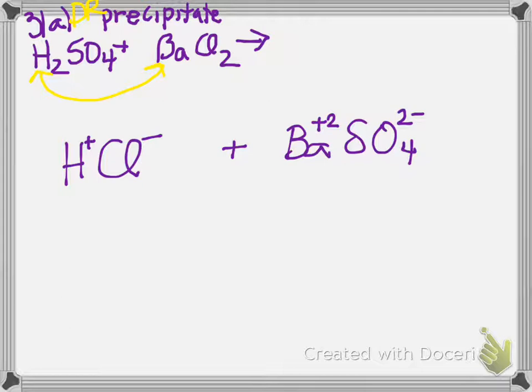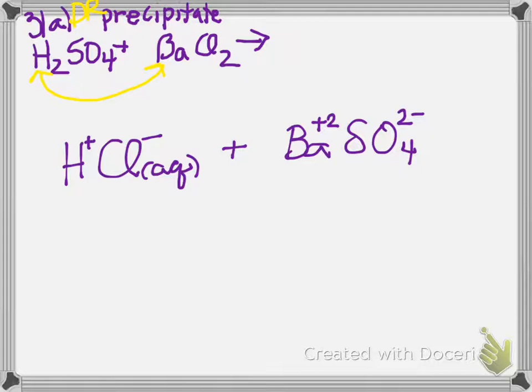So I don't need to balance this, but I need to decide what states of matter these are in. So for hydrogen chloride, I'm going to use rule number 4, which says chloride salts are soluble, and this isn't an exception. So this is aqueous, so that is not our precipitate. So we're expecting it to be barium sulfate. We're going to confirm that.